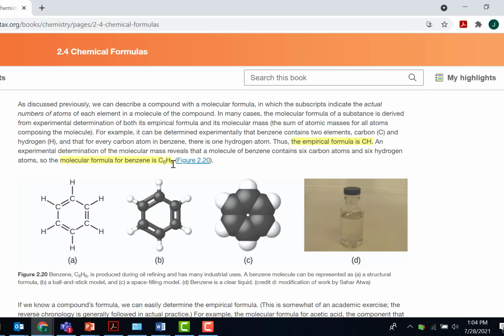So you can hopefully see, if you were to see that this is the molecular formula, that for the empirical formula you would divide by 6 to get to that. Here we're also showing structural formula, and then ball and stick and space filling models for it. Again, you don't have to know from this that you would have this. Don't worry about that. You would just need to recognize that this is a structural formula, this is the molecular formula, and this is the empirical formula.